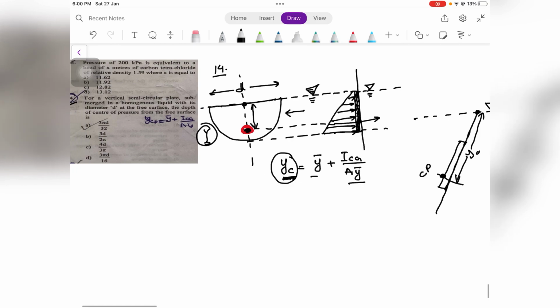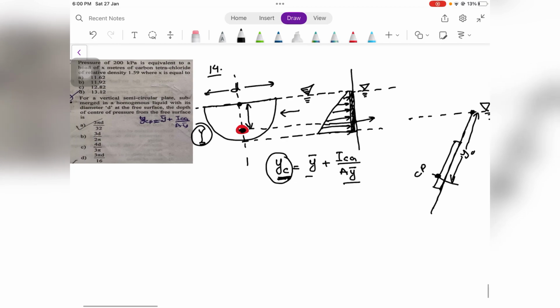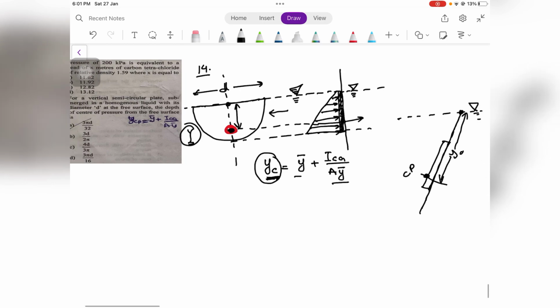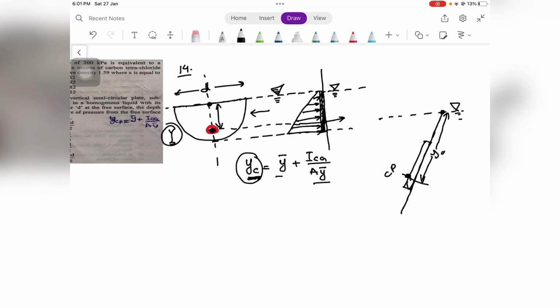Here it's a little simplified because the plate is vertical, but in exams we can encounter a question where the plate is inclined, so we need to make sure that we are treating YC as meaning the center of pressure is along a plane which is parallel to the plane of the plate.